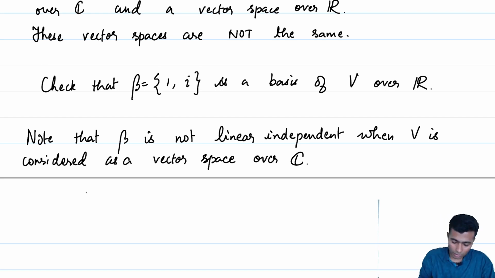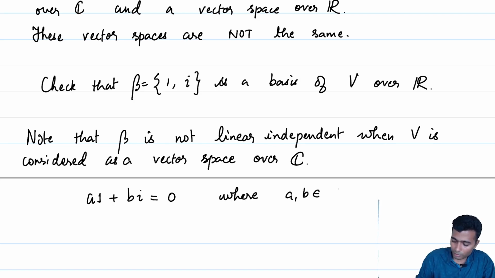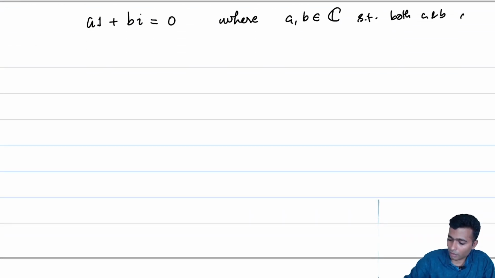For example, we would like to look at a times 1 plus b times i equal to 0, where a, b are in C, not both 0.